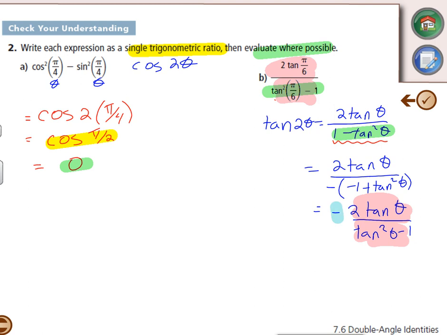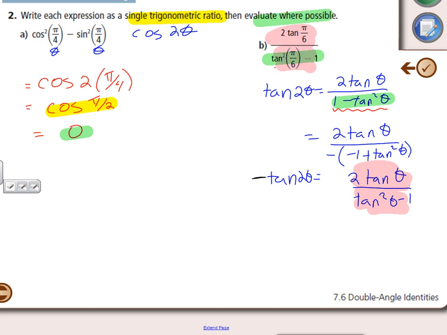But I've got this thing kicking it in front. So that means that I'm going to just take that negative and move it to the other side of that equation there and say negative 2 tan theta, where theta is equal to pi over 6.